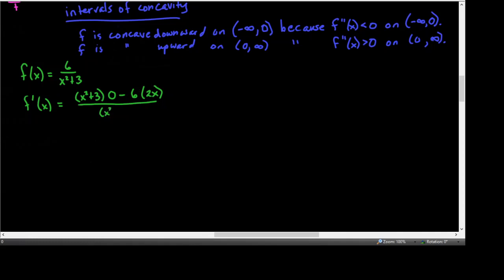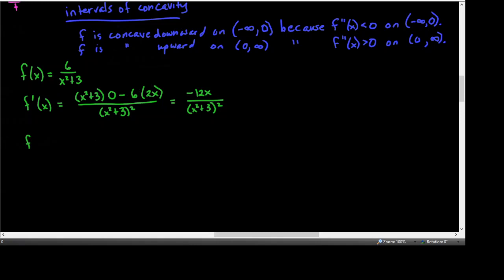That's x squared plus 3, quantity squared, which simplifies to be negative 12x divided by x squared plus 3 squared. Now, if we did the first derivative number line analysis, we could find out where this function is increasing, where it's decreasing, where it has a relative max, where it has a relative min. That's not what we were asked to do, but we could do that.